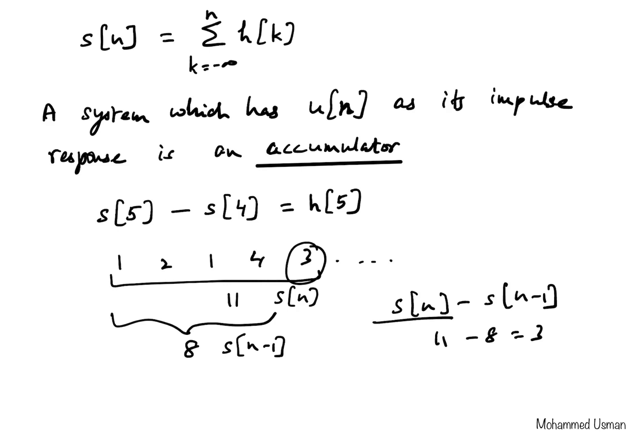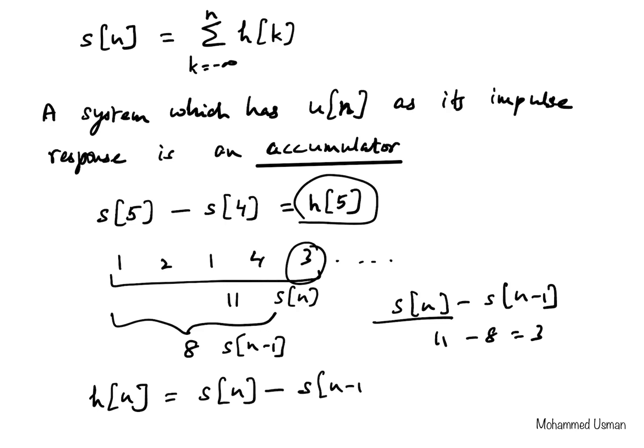So we can recover h of n by subtracting S of n minus 1 from S of n. That's the illustration. So h of n can be obtained as the difference of S of n and S of n minus 1.